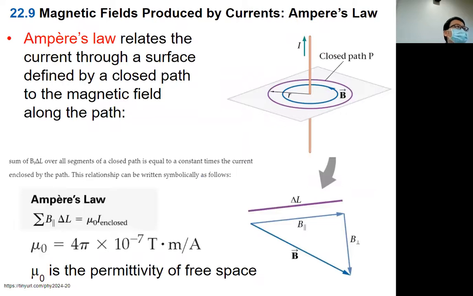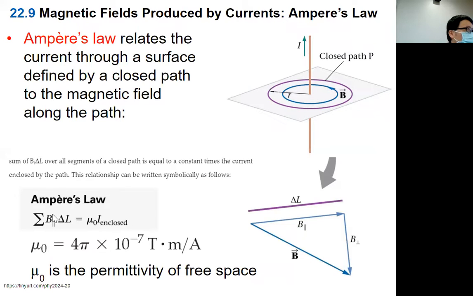We also talked about how to determine the magnitude of a magnetic field produced by a current-carrying wire, according to Ampere's law. So this is what Ampere's law says.